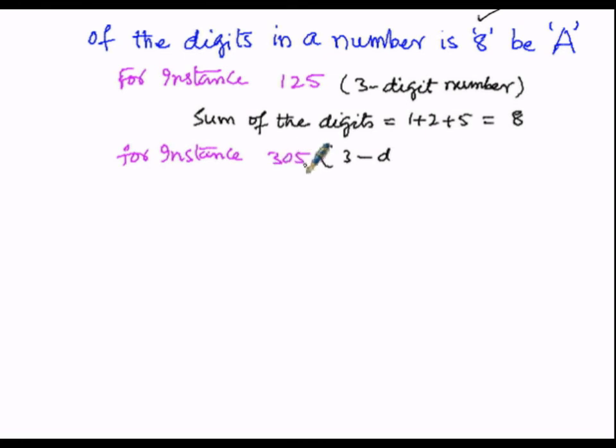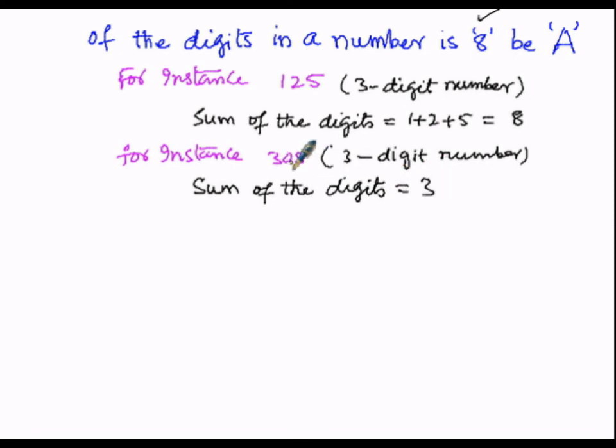The sum of the digits means we have to add up all 3 digits, that is 3 plus 0 plus 5, which is 5 plus 0 is 5, 5 plus 3 is 8. Or else we can cancel this 0: 5 plus 3 is 8. So 8 is the sum of the digits in that particular number.